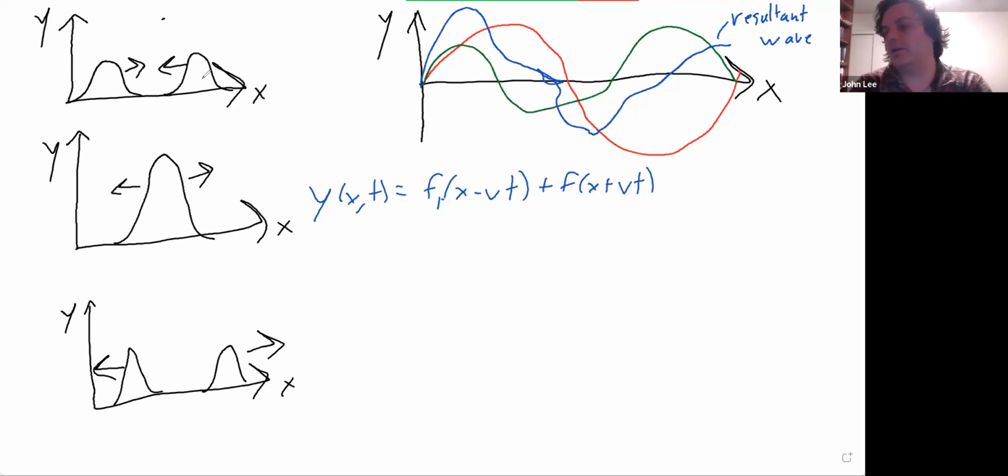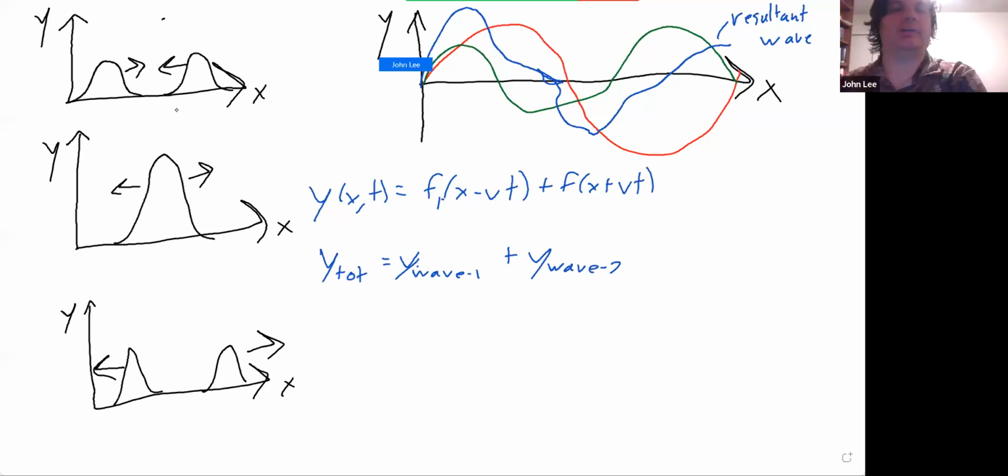So basically all you have to do is say that y total equals y wave 1 plus y of wave 2, and that's going to give you the answer for what is going to happen when you add two waves together.